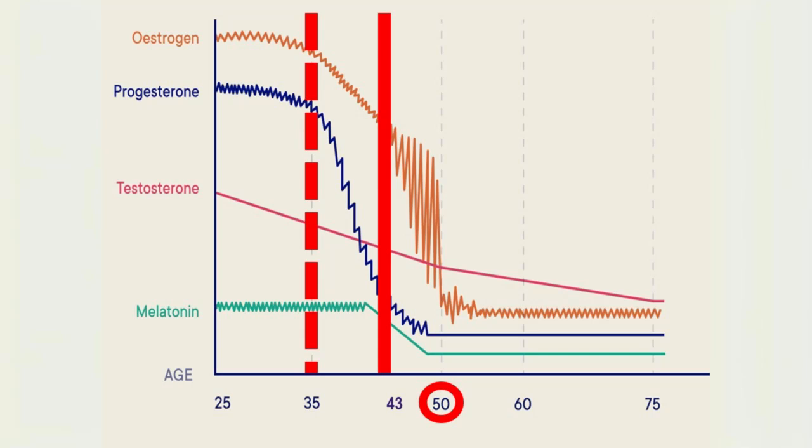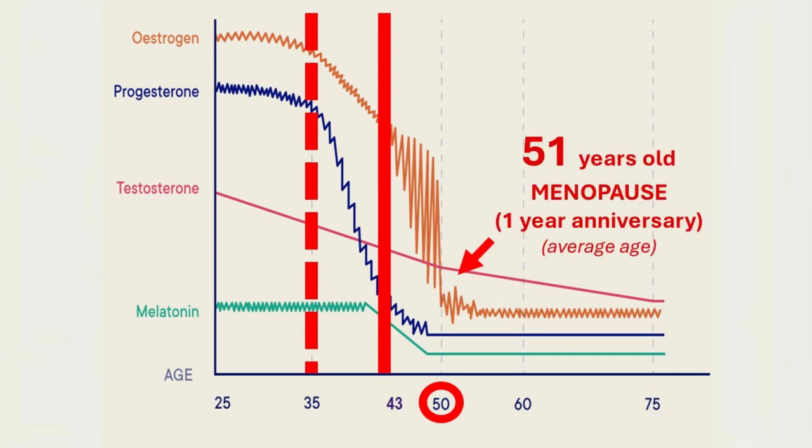And so 50 is the average age when a woman has her last period, but it doesn't get counted until a year later. Officially, menopause gets declared 12 months after a woman has had no bleeding, no menstrual cycle. So on the 1-year anniversary, she is officially menopaused.